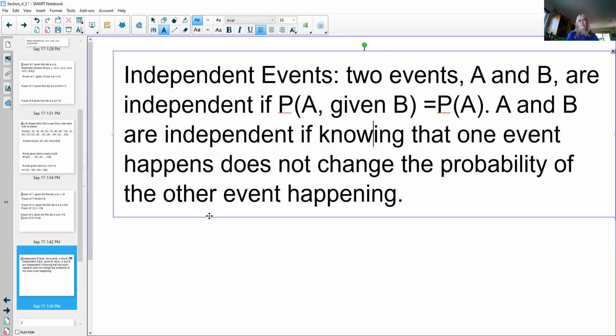And so that actually does affect it. So they're not independent events because the probability changed. If the probability didn't change, then they would be independent events. So knowing that your first child's a girl does not in fact affect the probability of your second child being a girl. Some people like to think it does, but it doesn't. And that means that they're independent events because the probability did not change.